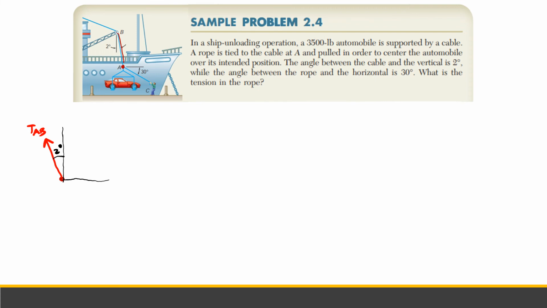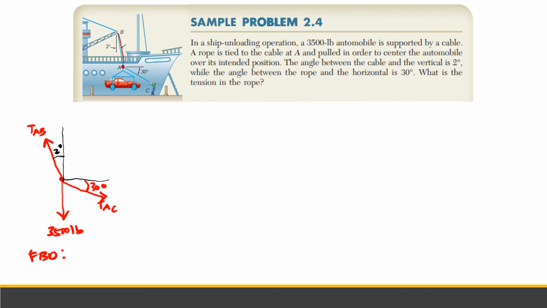And then the weight of the automobile, directly downward, is 3,500 pounds. And rope TAC, this is 30 degrees. So this is our free body diagram.